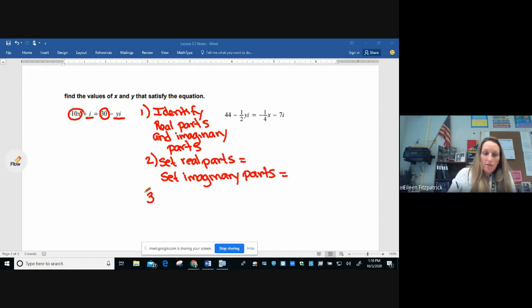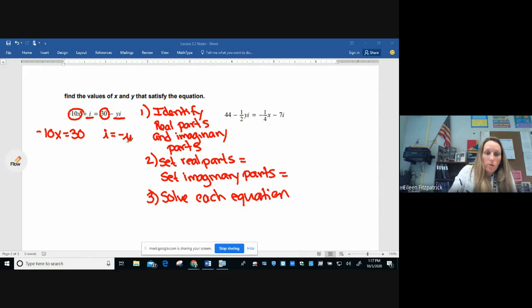And then finally, solve each equation. All right, so if I take my real, the ones without the i's, I have -10x equals 30. And if I take my imaginary, I have i equals -yi.